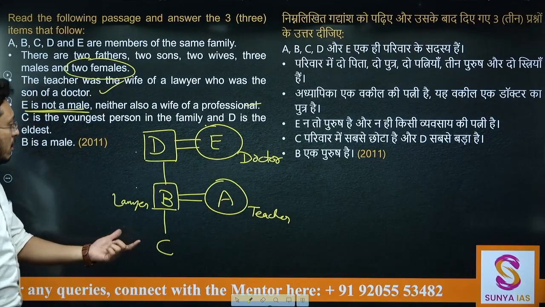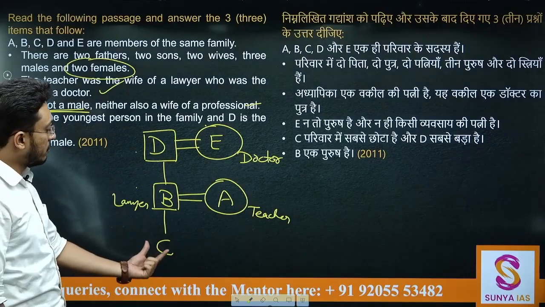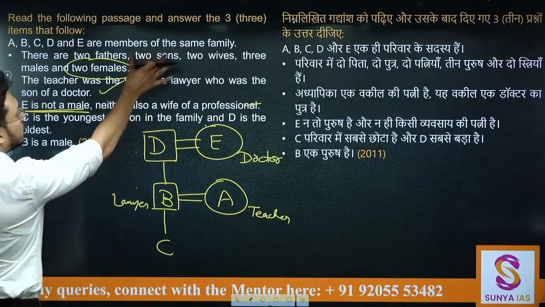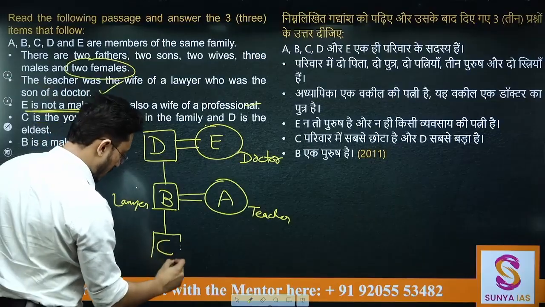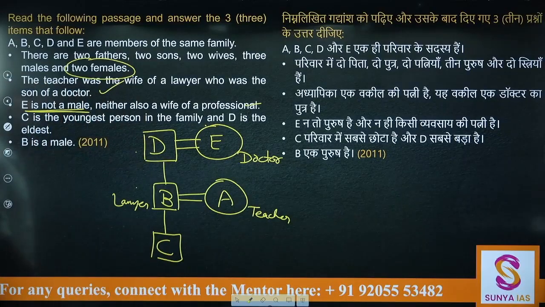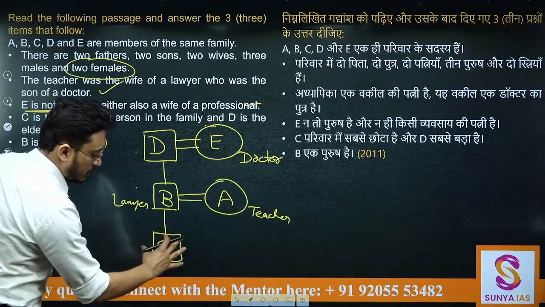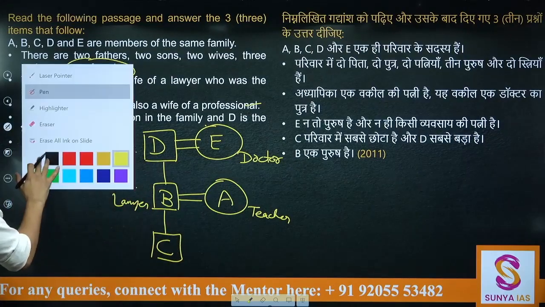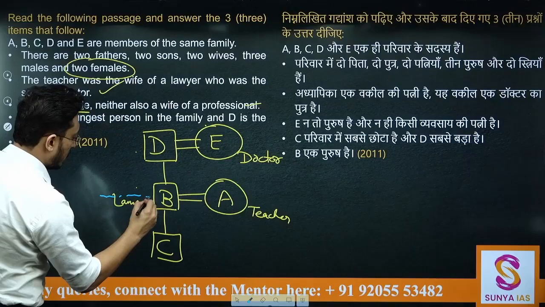Now how can I identify this? It is given that there are 2 sons. So I can write this, that there are 2 sons, 2 wives, 3 males and 2 females. All of this can be there. See, I could have made this C here also.